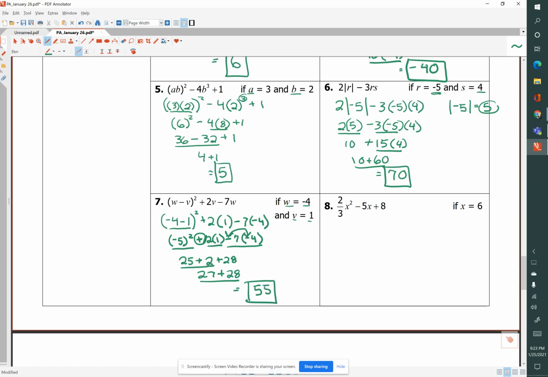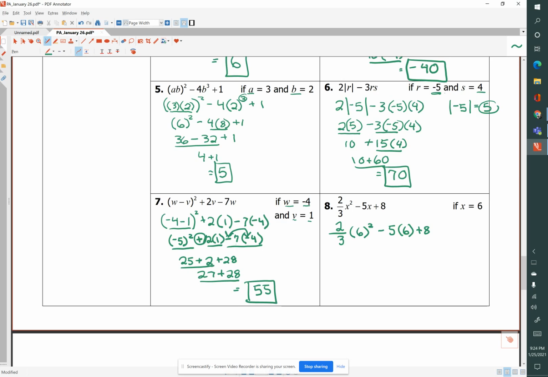Number 8, we've got a fraction, that's okay. We have 2/3 x squared minus 5x, where x equals 6 plus 8. So let's substitute first. 2/3 times 6 squared minus 5 times 6 plus 8.